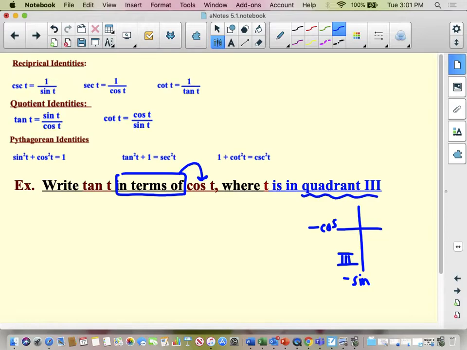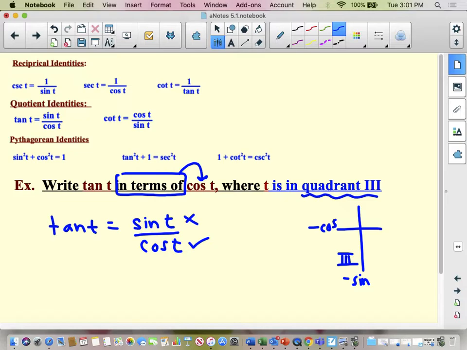So tangent, maybe the obvious first step is to write that as sine of t over cosine of t, from the tangent ratio. I want tangent to be in terms of cosine. Well, right now it's in terms of sine and cosine. So this is good, this sine, not good. Obviously it's not cosine.